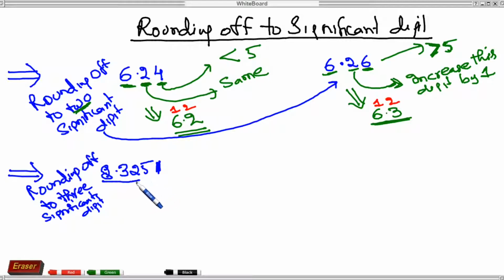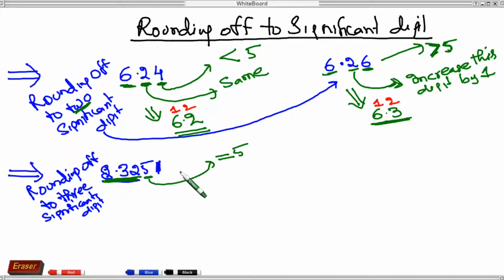So you can see here there is a rule. Neither is it less than 5 nor is it greater than 5. It is equal to 5. Actually we want only three significant digits.